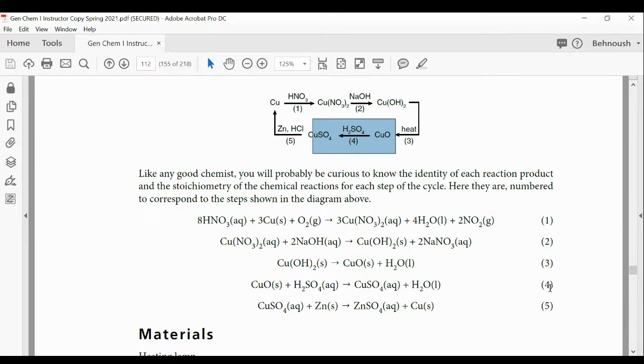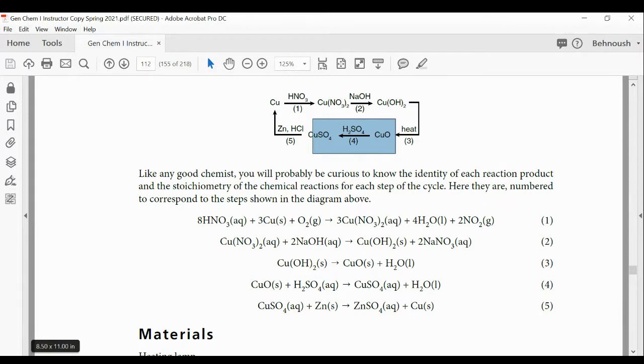Reaction 4. Is it acid-base? What else can it be? Double displacement. Very good. Double displacement or acid-base reaction. The product is going to be copper sulfate, which is AQ, and water. So you go from solid again to an aqueous solution.